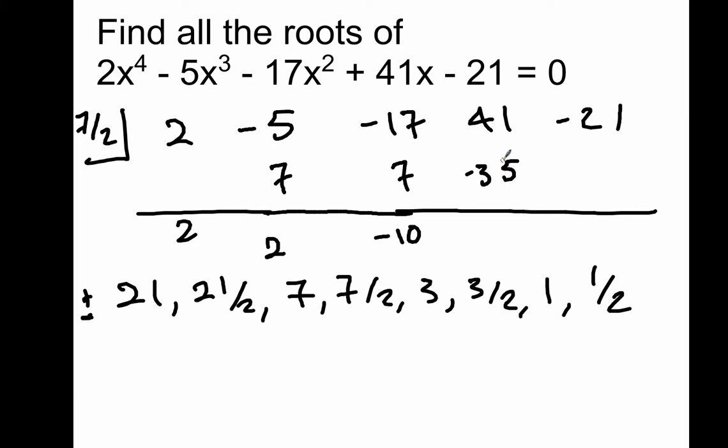Is that right? Yeah, negative 35. So we have 6. 7 over 2 times 6 is a positive 21. Yep, that's correct. And so we have 0. So 7 over 2 is one of our rational roots. So we like that.